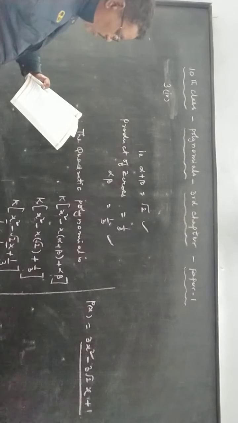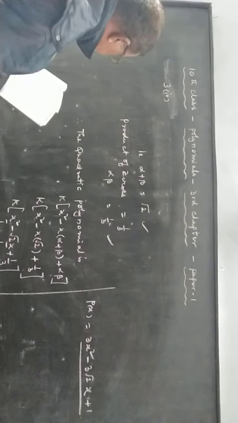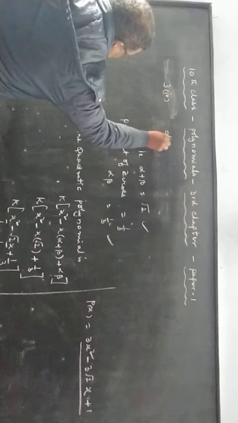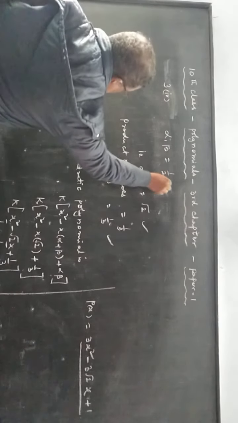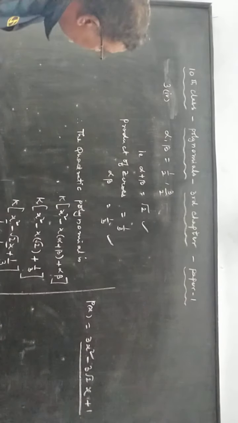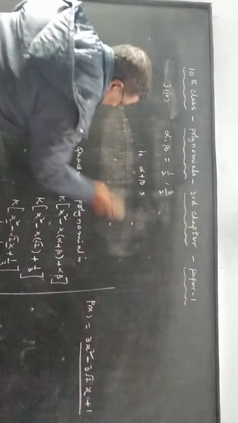Find the quadratic polynomial for the zeros alpha beta given in each case. Alpha beta both values given. Alpha comma beta are equal to 1 by 2 comma 3 by 2. At that time just we have to find alpha plus beta and alpha beta.